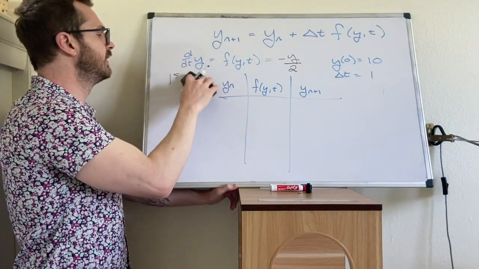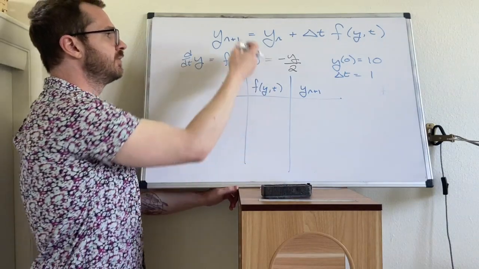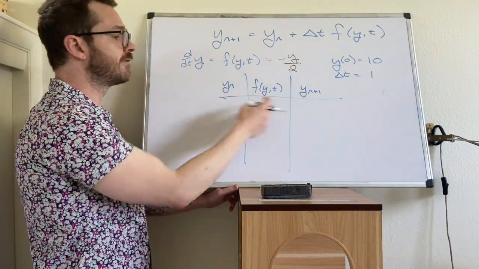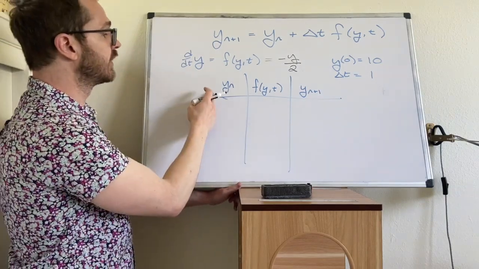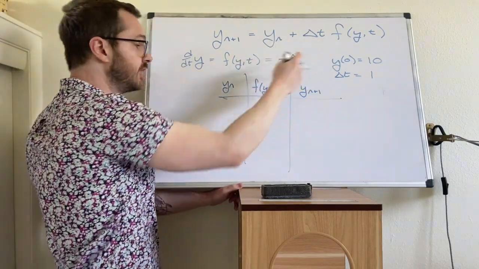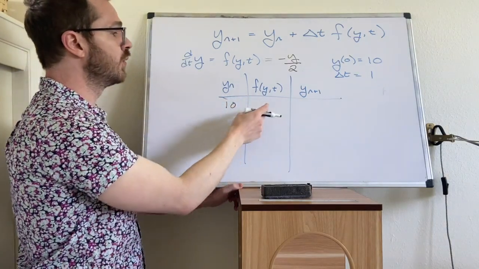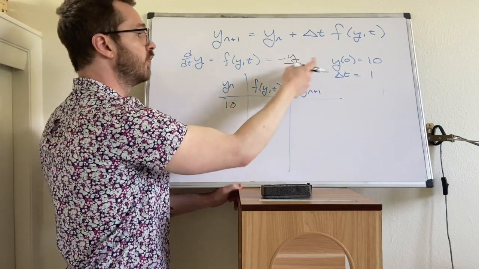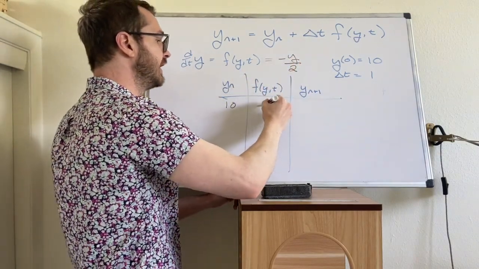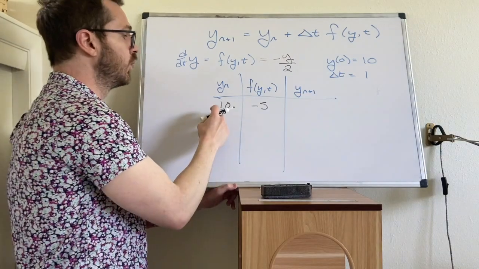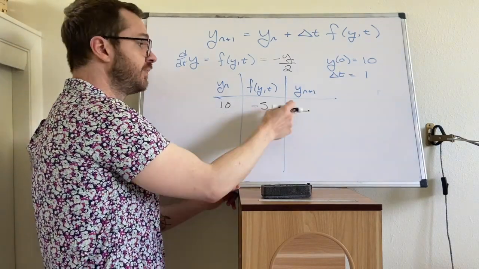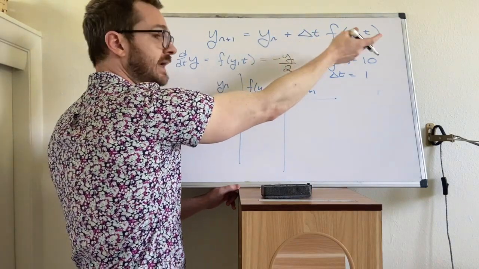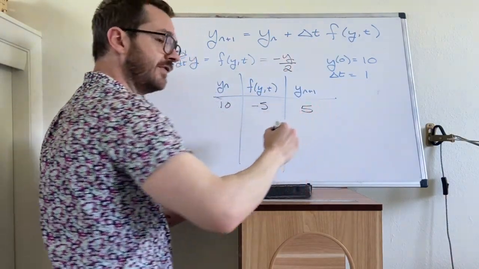Okay, let's take those numbers and put them into the equation, and let's just make a chart out of what happens. So on the first pass through the algorithm, the current value of y n is your initial condition, 10. We evaluate the function for the derivative, and we would say, well, negative 10 divided by 2, so negative 5. We take y n, we take f, and we calculate the update. So 10 plus 1 multiplied by negative 5, we get 5.